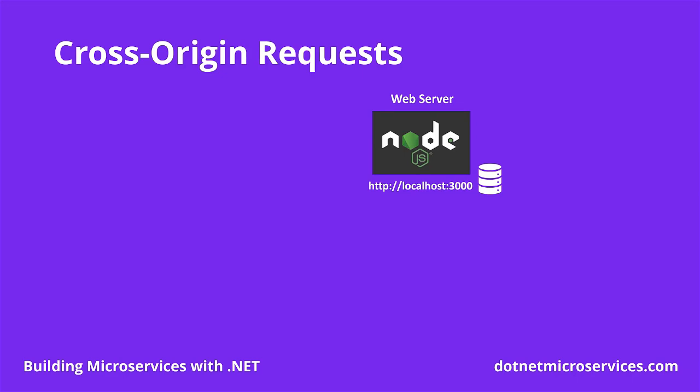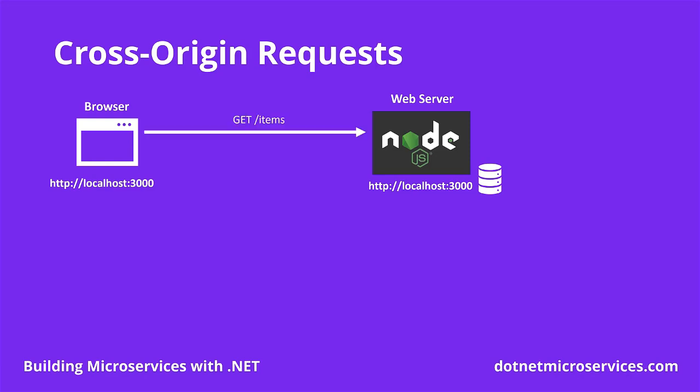In this scenario, the browser initially navigates to the web server URL to load the front-end homepage. And then, when the catalog section is requested, the browser makes a GET request to the catalog REST API at the same web server URL, to which the server will reply with a JSON representation of the catalog data.